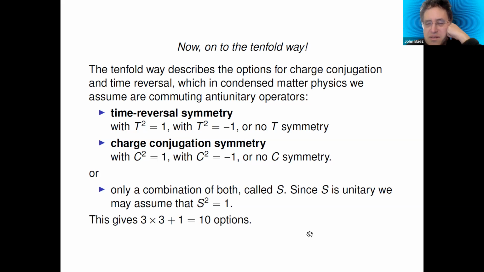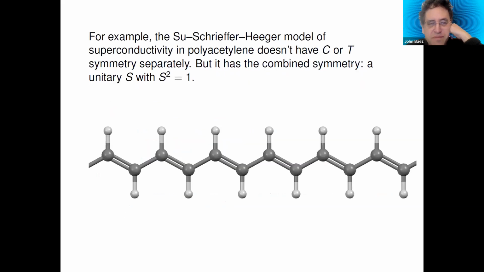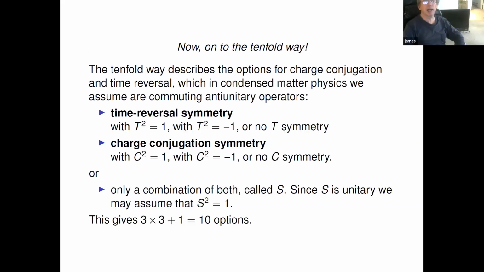So his argument is that these types of things make you realize that the 10 is a good idea. It's not just 8 plus 2. There are various patterns at work. So the S option really seems like an extra option off to the side. It's not a peculiar duplicate of one of the other 9.